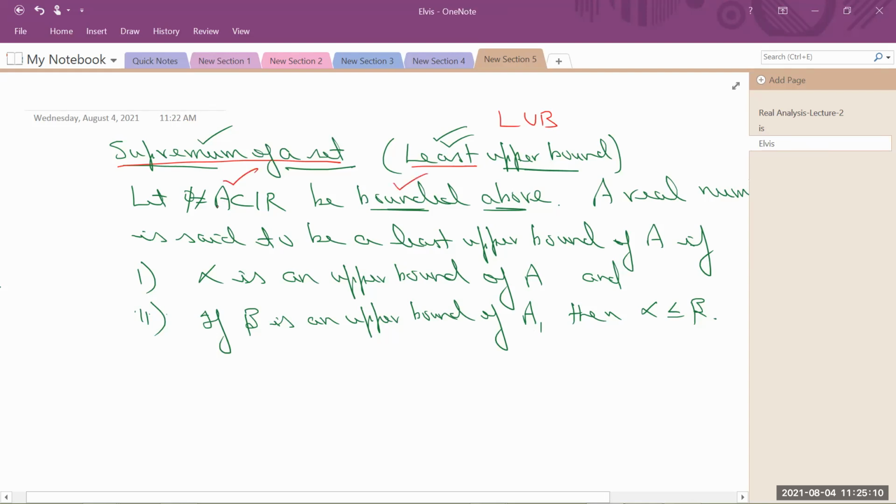I'm talking of the non-trivial case. I will explain the concept, in case A is equal to the empty set, what will be the supremum, and I will come to that one. But for a non-empty set, if it is bounded above, then a real number alpha is said to be least upper bound of A.